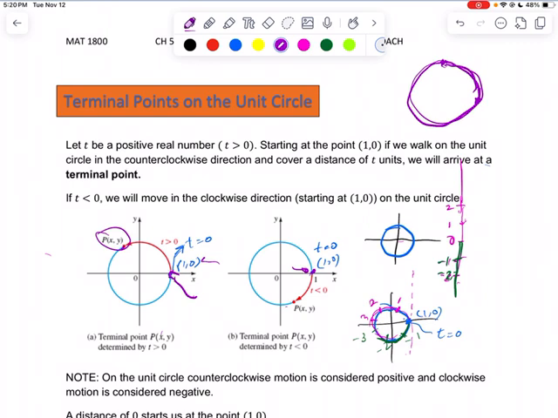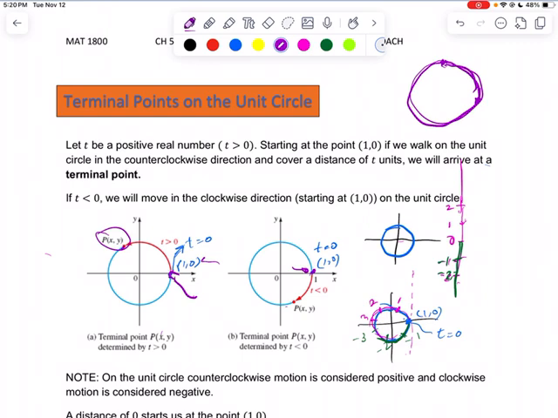Another way to think about this is that you have a unit circle, and now you take a real number line, with positive numbers on one side and negative numbers on the other. We are taking the number line in the vertical direction. Remember, on the y-axis, the positive values are above 0 and the negative values are below 0.